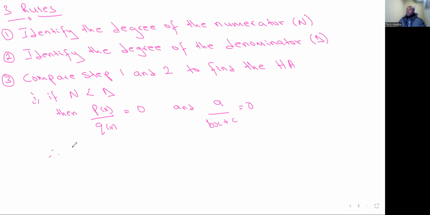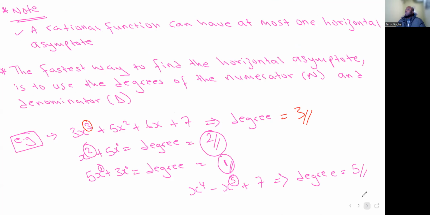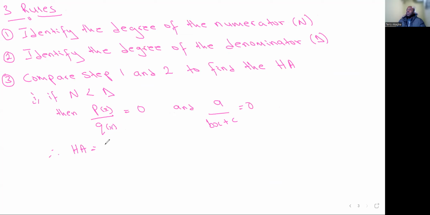Therefore, the horizontal asymptote is going to be equal to D. Because all this is now 0, the horizontal asymptote is going to be equal to D, or it could be 0 if there is no D.